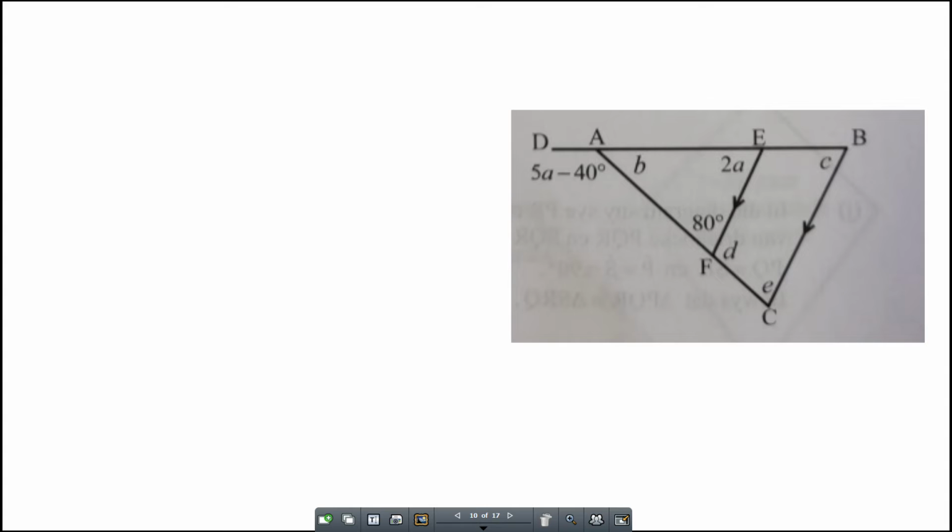Wie wil vir my sê? Ja. Good. What's your reason? Mooi. Okay, so 2A plus 80, those two interior angles, is equal to the exterior one of 5A minus 40. Rede buitehoek driehoek.